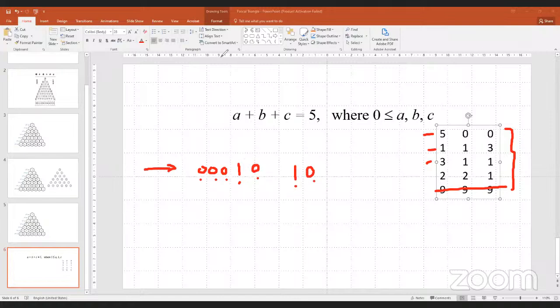And it turns out, how many binary words can we make from 5 zeros and 2 ones?